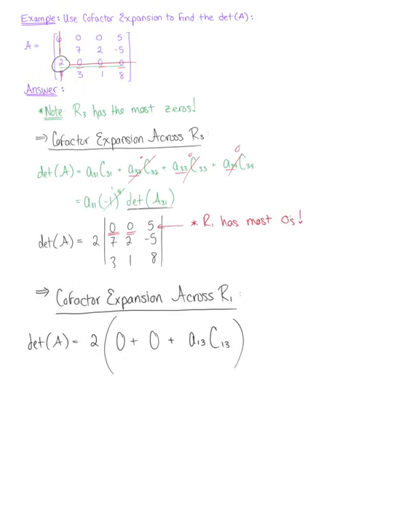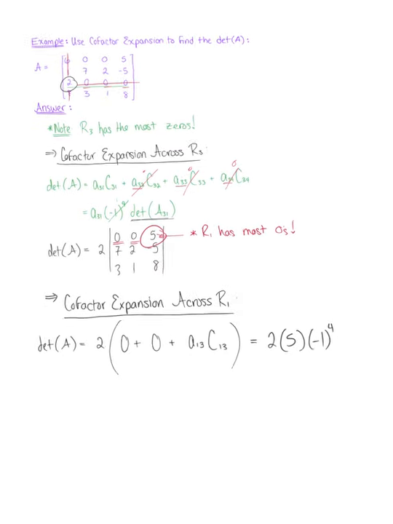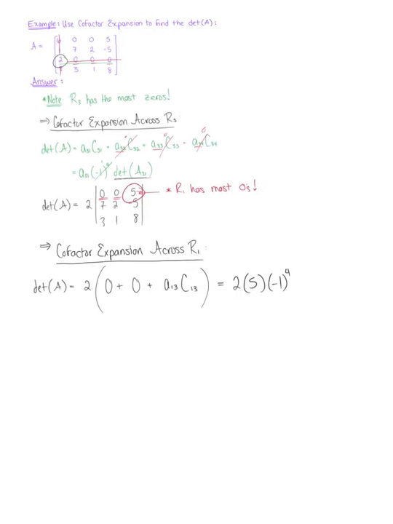So this leaves us with 2 multiplied by the entry in the first row, third column, which is 5, multiplied by -1 to the 1 plus 3, which is 4, and then we are multiplying by the 2 by 2 determinant created by eliminating the adjacent row and column.